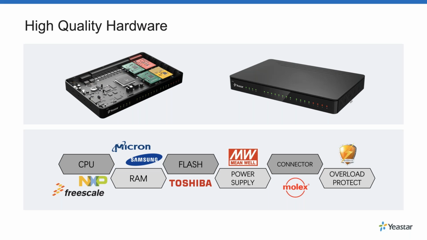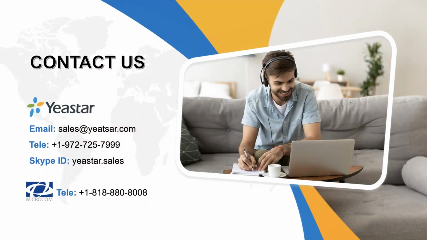Thank you very much, Jason. Regarding support and reaching out to Yeastar, can you show us your contact slide again? Obviously, if anyone needs to call us at Microcom, there's our number. But if we need to reach out to you for anything specific, can we do that? Yes, of course, guys.